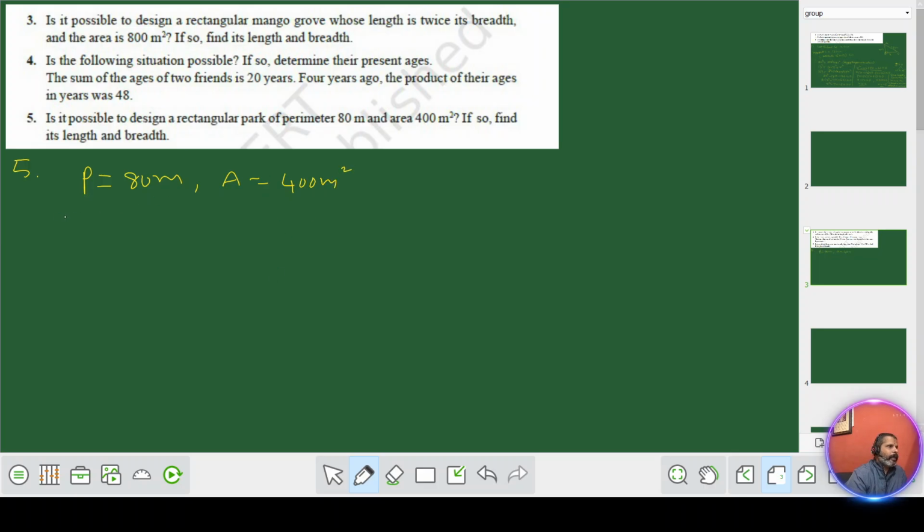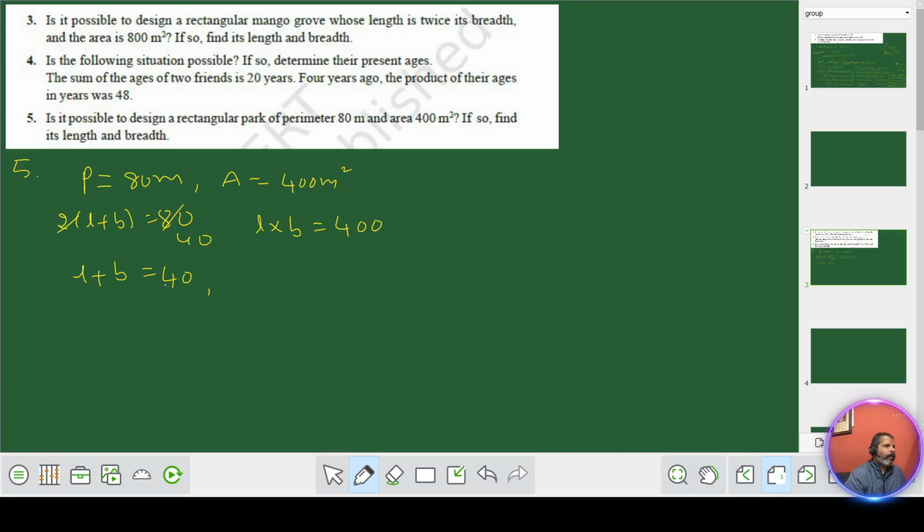Now, what is perimeter? 2 of L plus B is equal to 80. 2 into 40. Therefore, L plus B is 40. Area is L into B is 400.